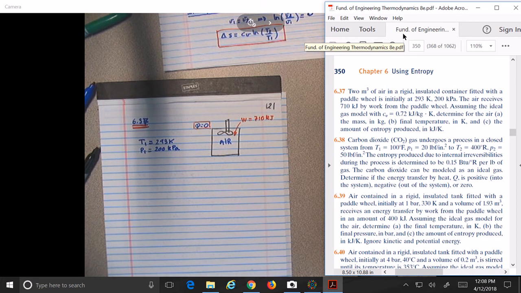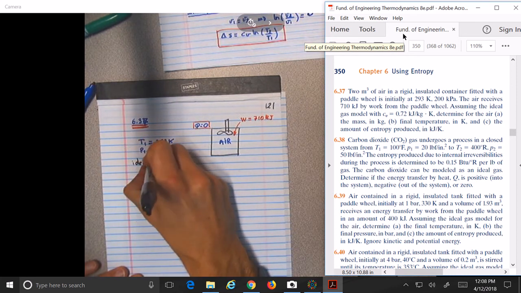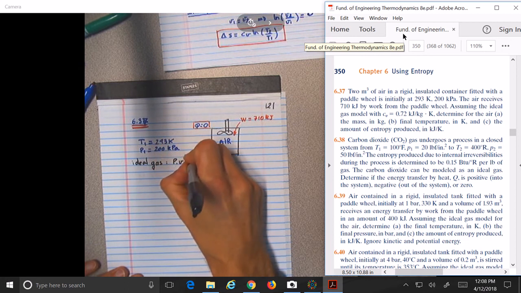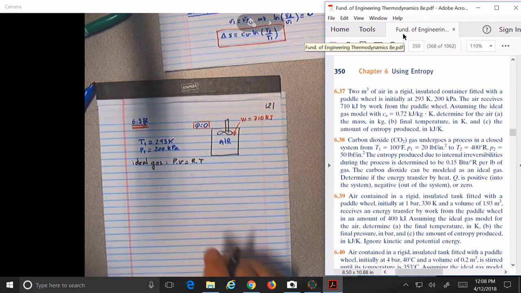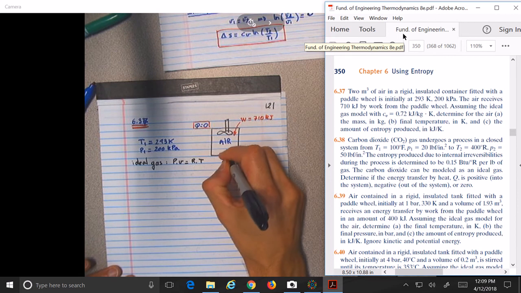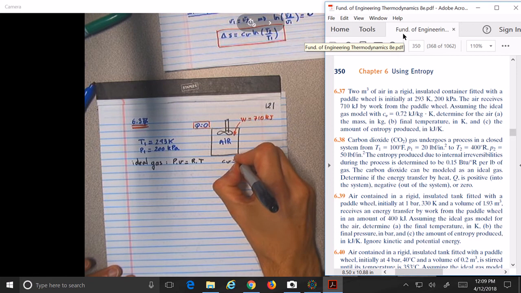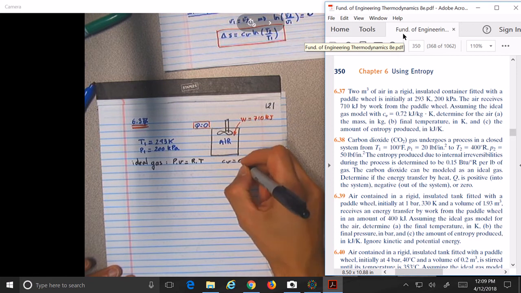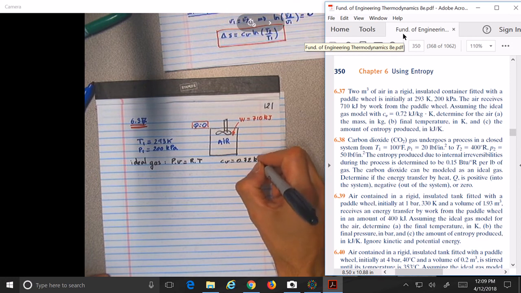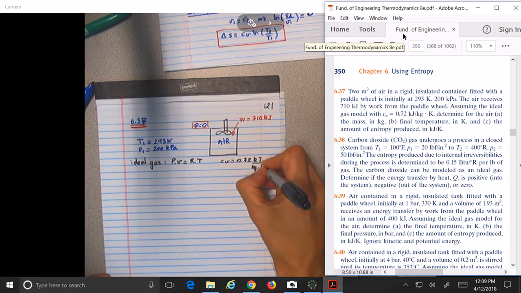Assuming the ideal gas model. So ideal gas, what does that mean? PV equal RT with Cv of the air, which we know 0.72 kilojoules per kilogram Kelvin.